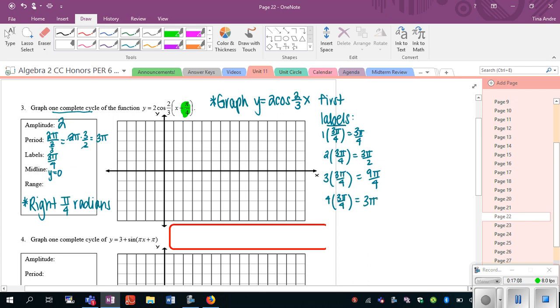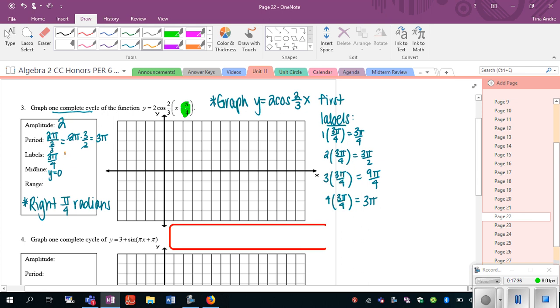So for this one, what's interesting is our pi over 4 doesn't fall in this interval. But notice the first label is 3 pi over 4. That means you have 3 of the pi over 4. So what we should do is label every 3 boxes as 3 pi over 4, which would make each box pi over 4.